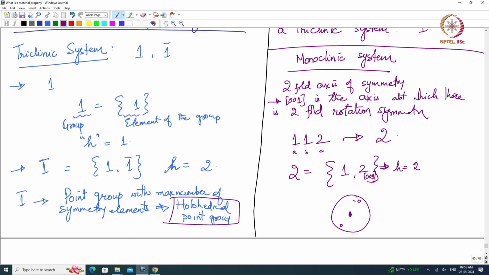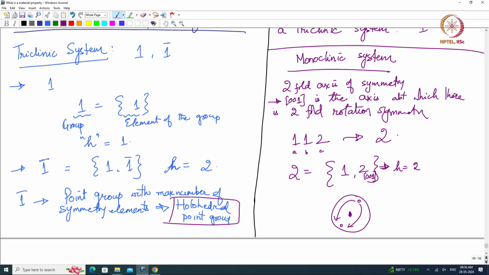Now I could either go this way or this way. These two are inverse operations of each other, right. So both of them exist. I can go either clockwise or anti-clockwise, it does not matter. If I go clockwise, I should also be able to go anti-clockwise, right. Both of these are identical operations in this case, right. So 2 or 2 inverse is the same. But the inverse does exist in this group.